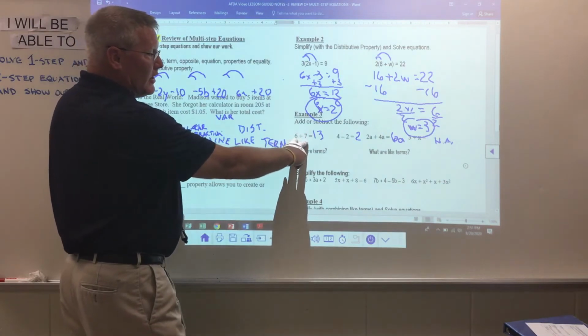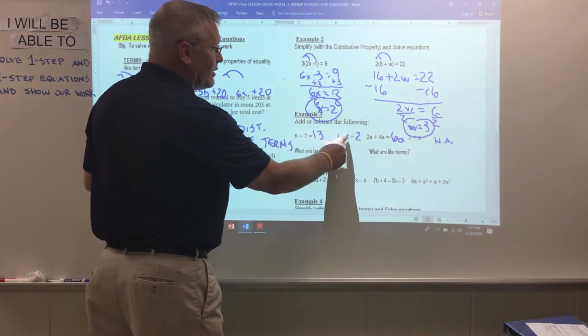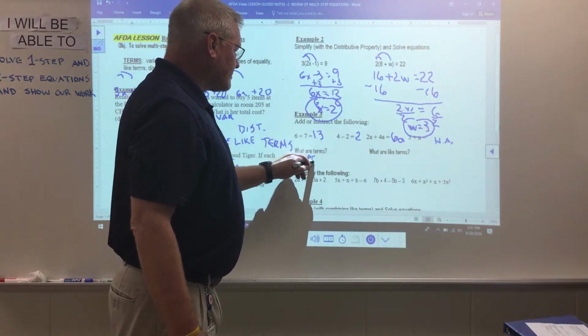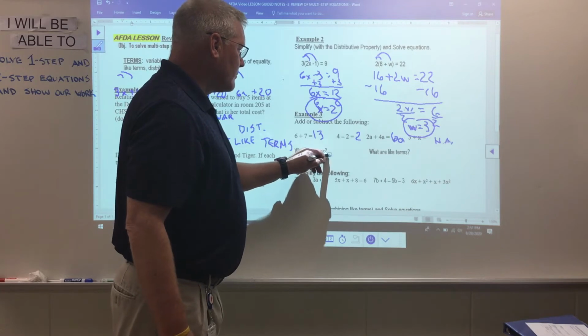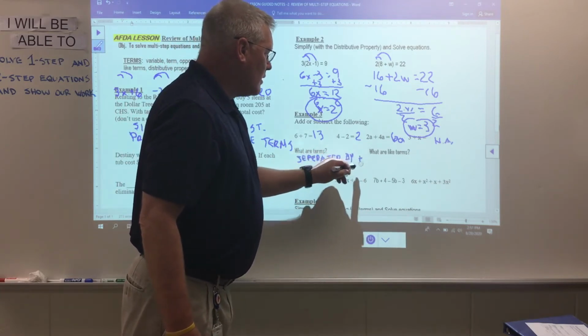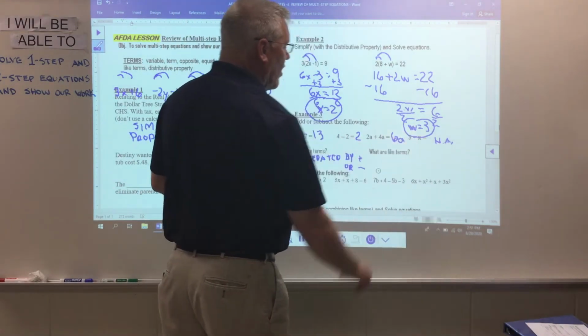Now here, these are numerical terms. And what are terms? Terms are separated by a plus or minus sign. So they're separated by a plus or minus sign like all these are.